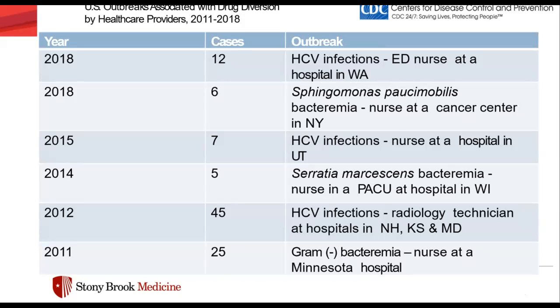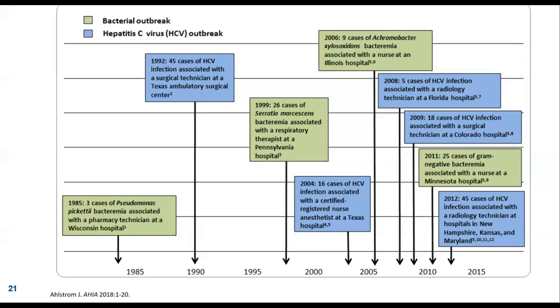I included this chart as well to show you that drug diversion has been occurring for a substantial amount of time. It's not only in the past decade that it has become prominent. There have been instances all the way from 1985, where there were 3 cases of Pseudomonas bacteremia associated with a pharmacy technician at a Wisconsin hospital, and in 1992, there were 45 cases of HCV infection.